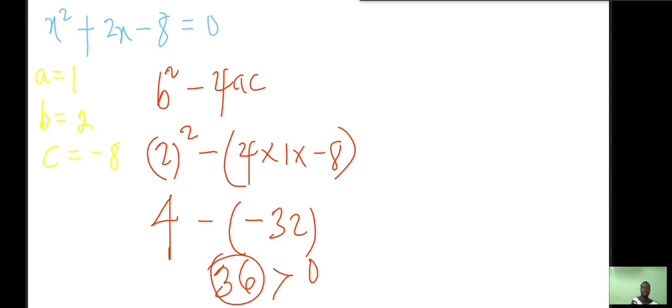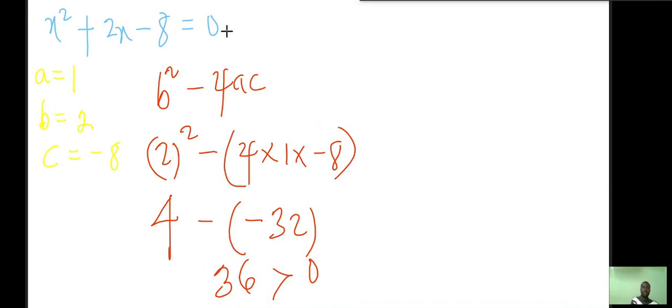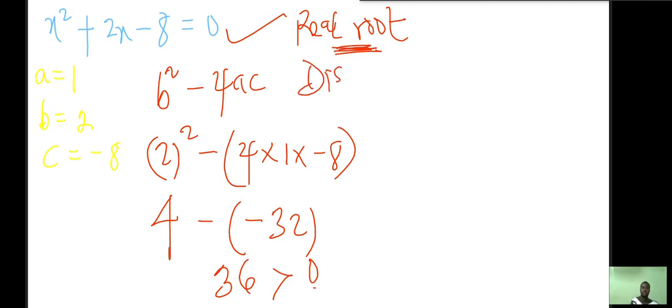So b squared minus 4ac is greater than 0, and that shows our discriminant is bigger than 0. So this quadratic equation will have real roots, or what we call distinct roots.